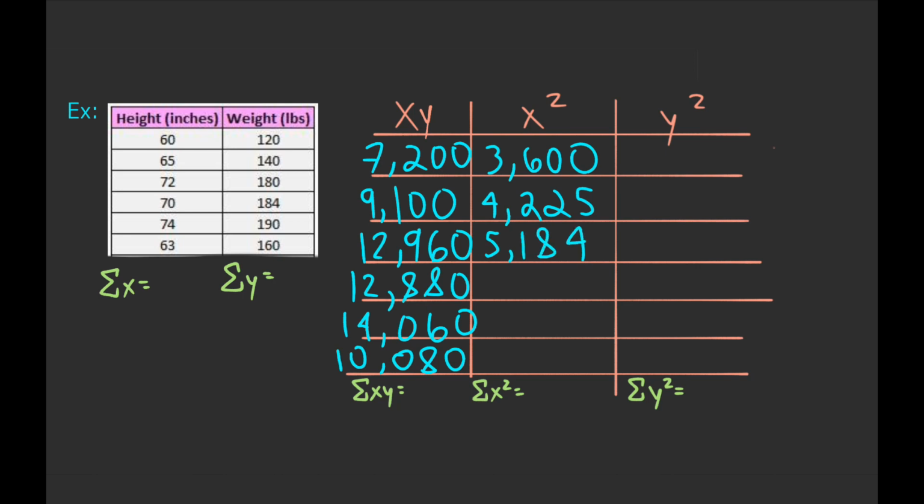The fourth row is 70 squared, which is 4,900. The fifth row is 74 squared, which is 5,476. And the sixth row is 63 squared, which is 3,969.